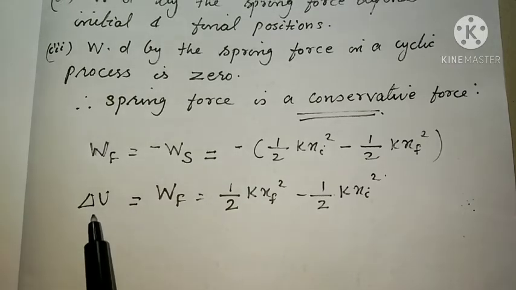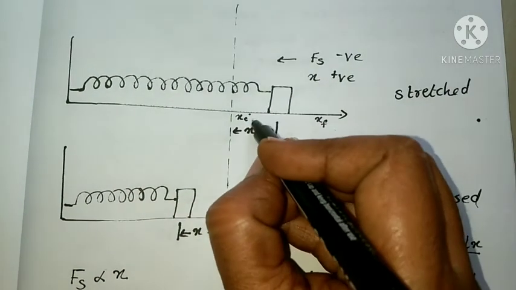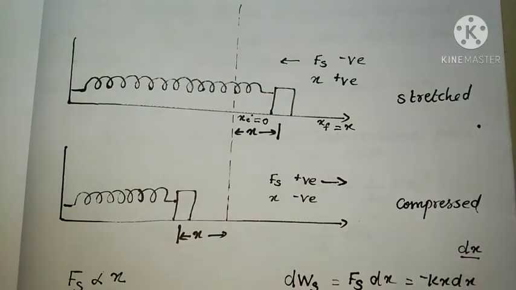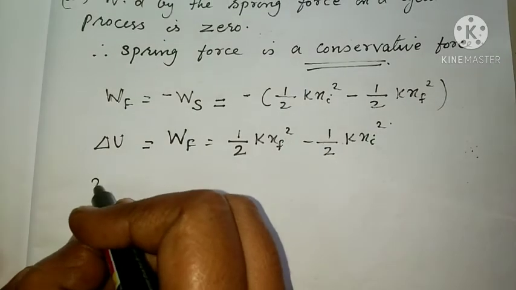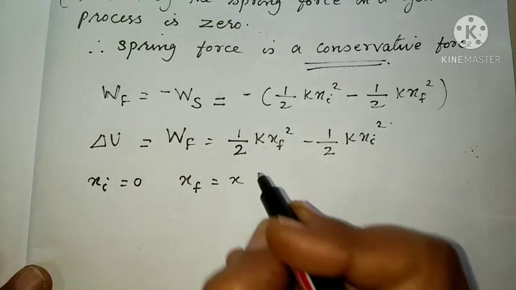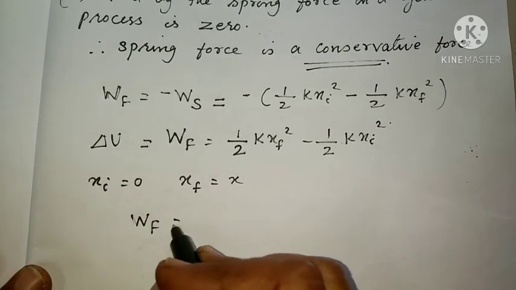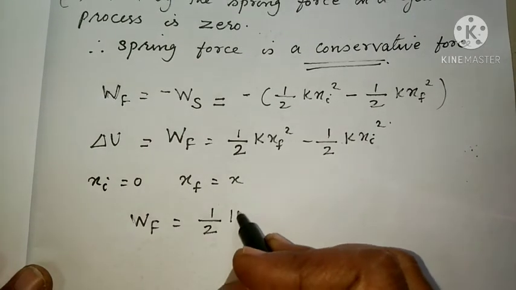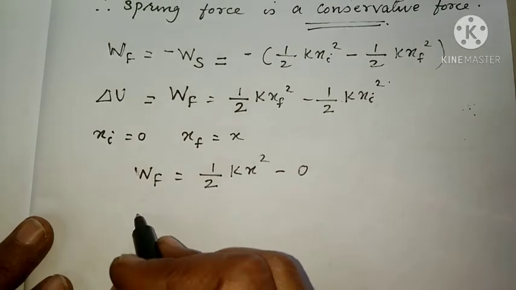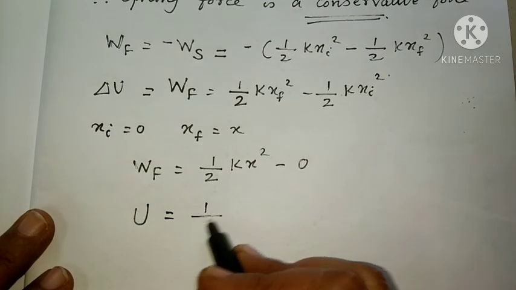So the work done in that case is stored in the form of potential energy. Then if you take initial position xi equal to 0 and xf equal to x, the work done by the applied force equals half k x square minus 0. This work done is stored in the form of potential energy of the spring, denoted U equals half k x square.